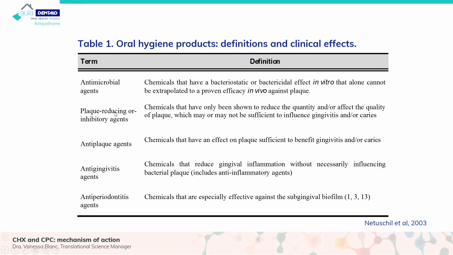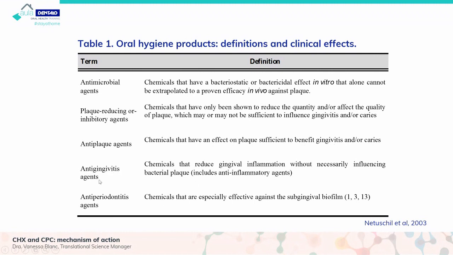The plaque-reducing or inhibitory agents can have a direct effect on plaque formation, going one step further than the in vitro experiments. The real anti-plaque agents are chemicals that have an effect on plaque sufficient to have a benefit against gingivitis or caries.